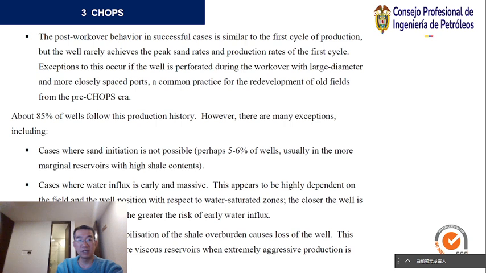Cases where early destabilization of the shale overburden causes loss of the well. This occurs mostly in the more viscous reservoirs when extremely aggressive production is attempted.